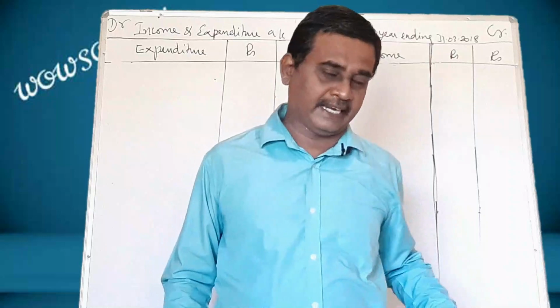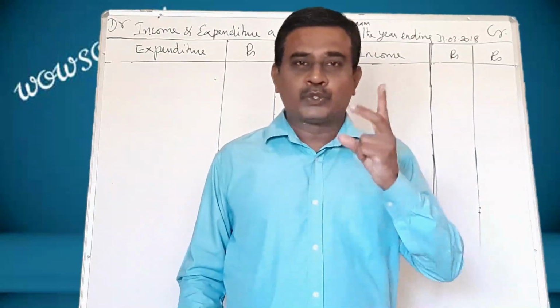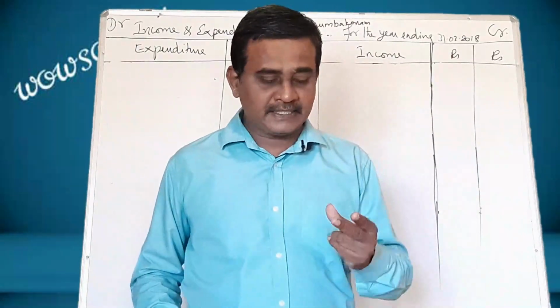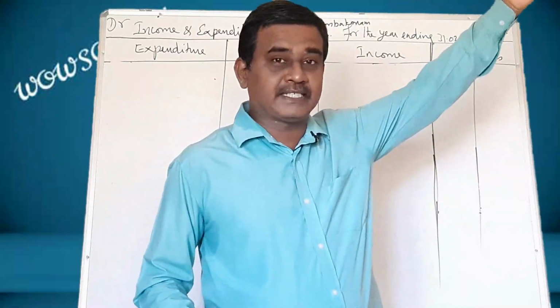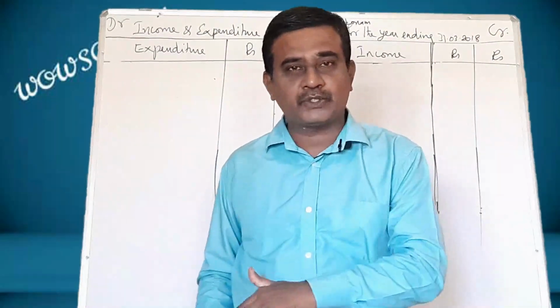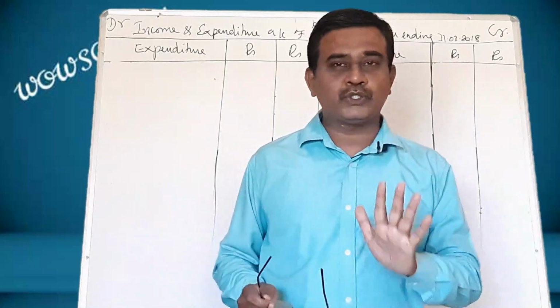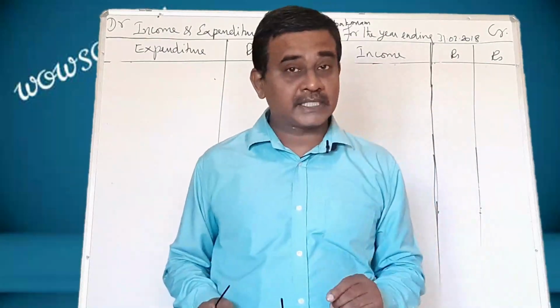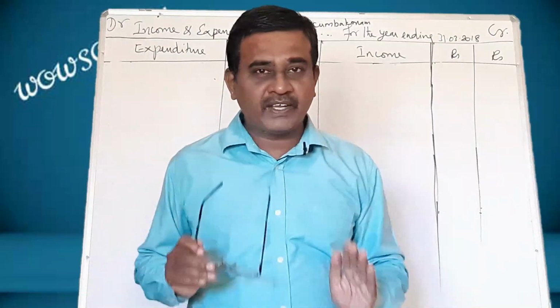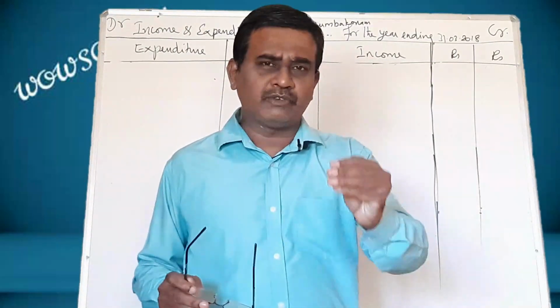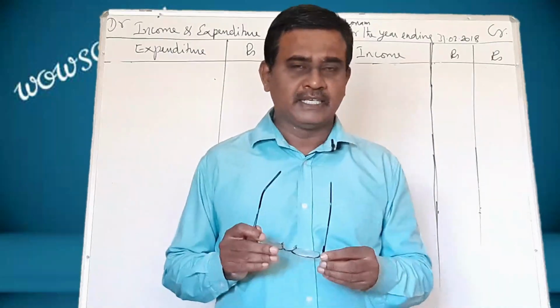Two things should be added: the amount meant for this year but paid in the previous year, and the amount outstanding. These things you have to keep in mind. That is why at the beginning I told you this is a very difficult thing which you have to keep in memory, several things.